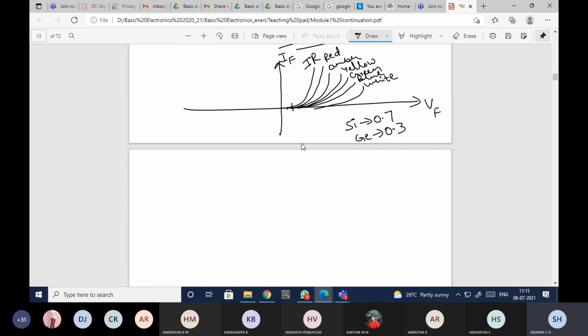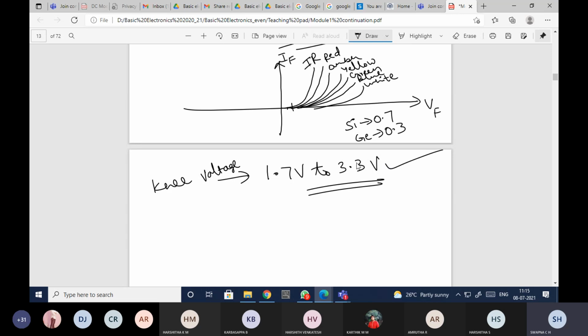Since the LED PN junctions are made with different materials, the knee voltage will vary from 1.7 volts to 3.3 volts. The reason is that it is made up of other materials.